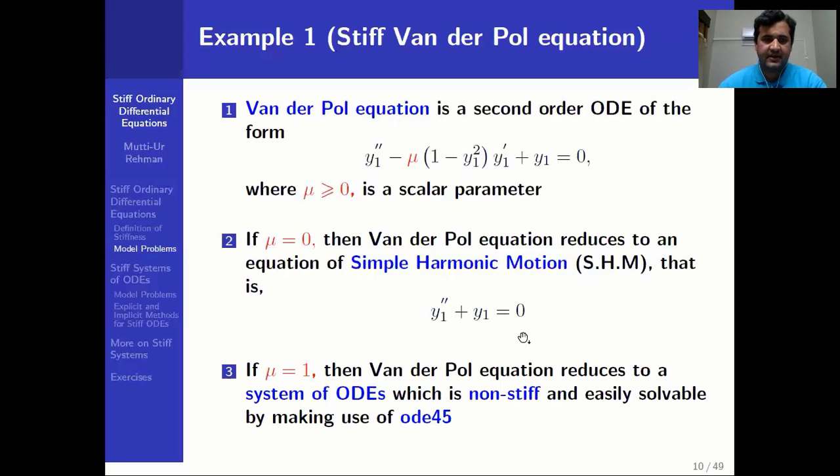And in the presence of damping, your van der Pol equation reduces to a system of ordinary differential equations which are non-stiff. Okay, and you can use some non-stiff ODE solver in order to solve your system, for instance, ODE45.